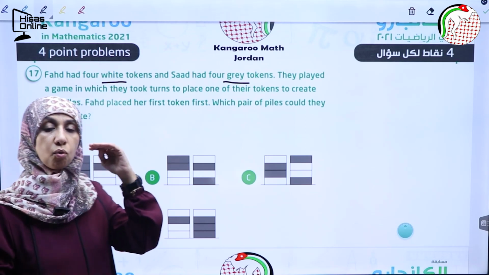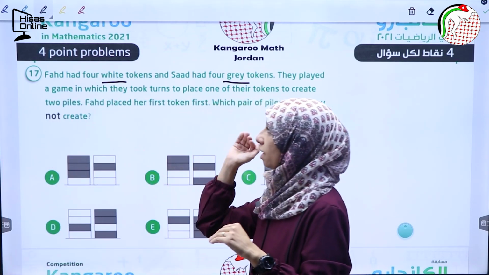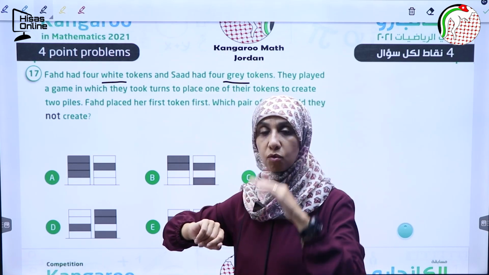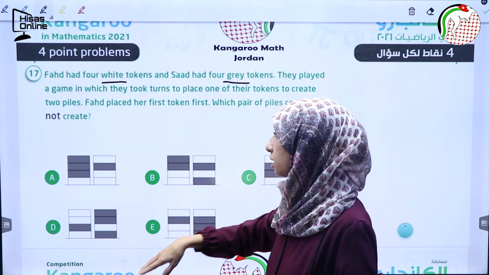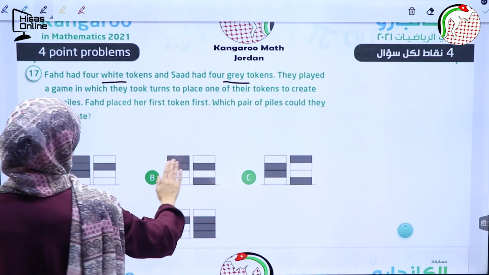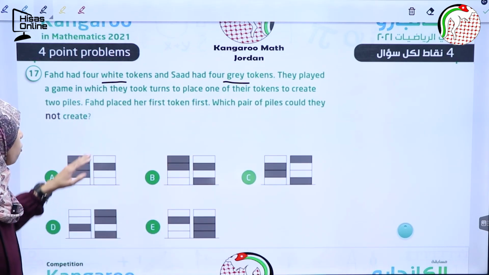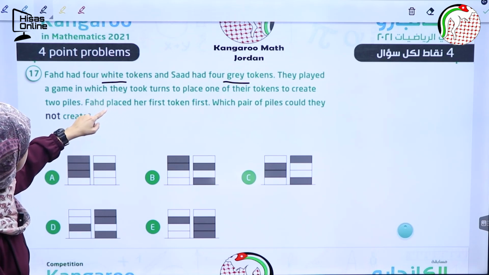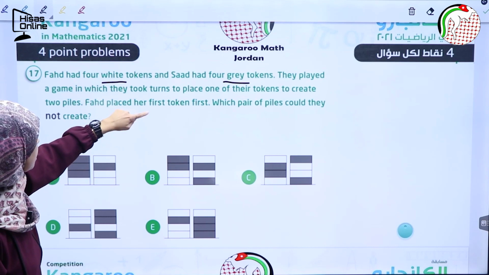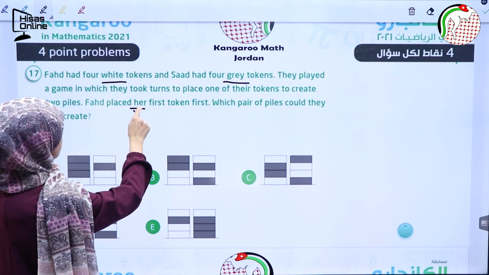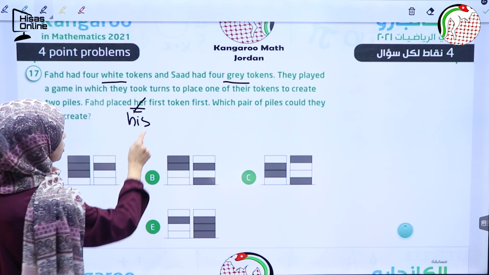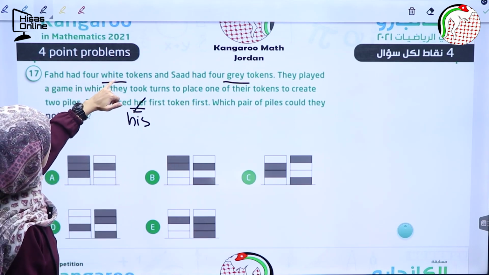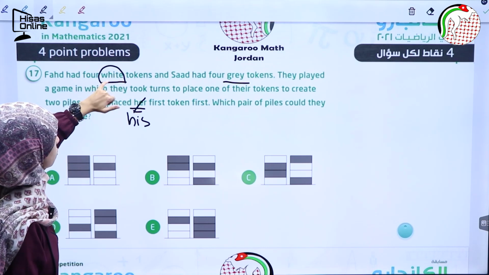So, one token from Fahad against one token from Saad, until they have built those two piles. Fahad placed his first token, which means we started with the white token.